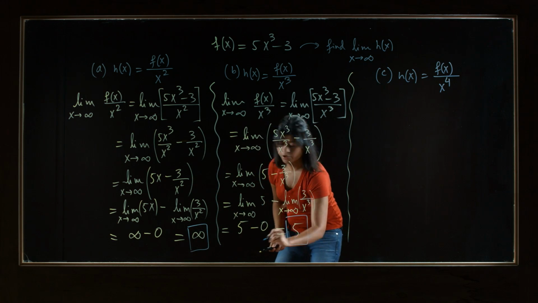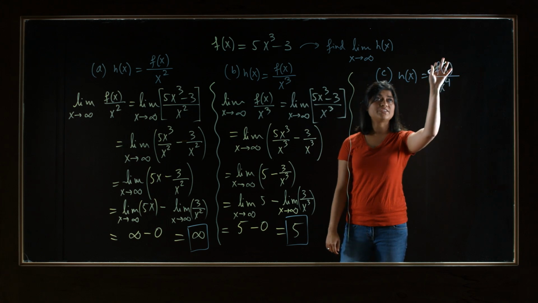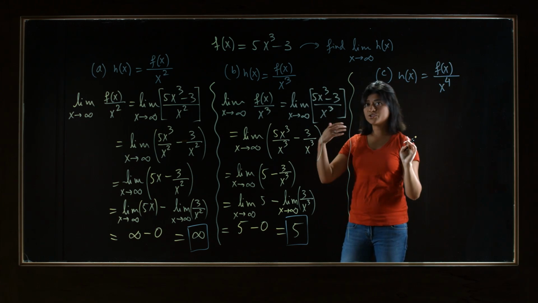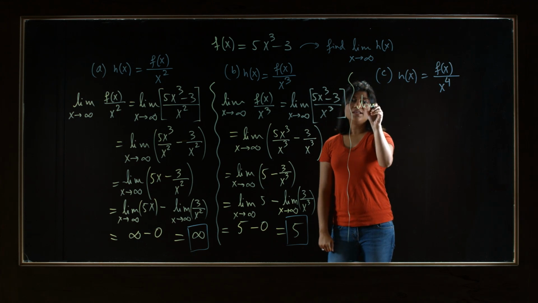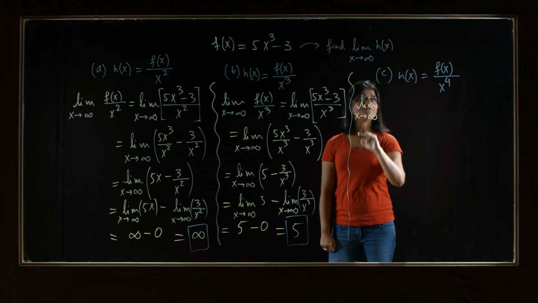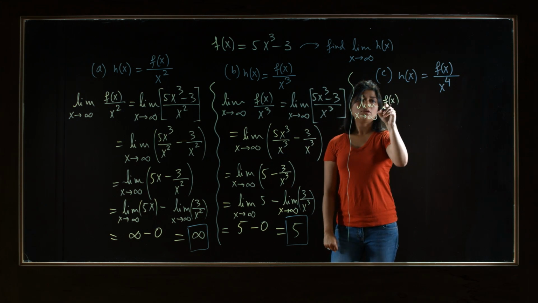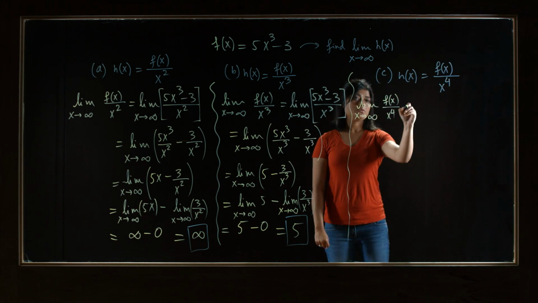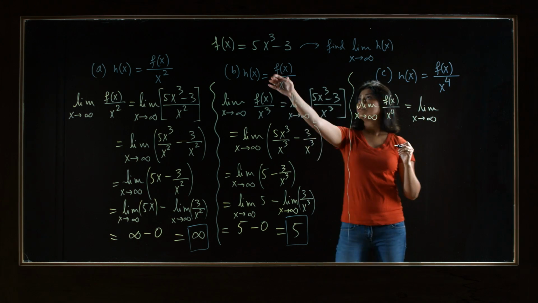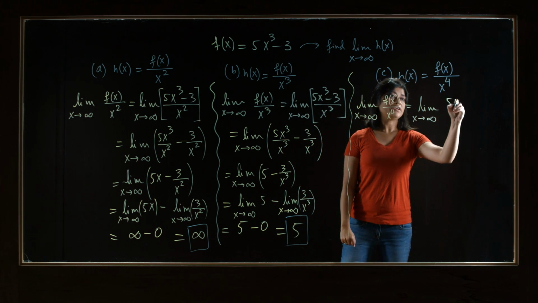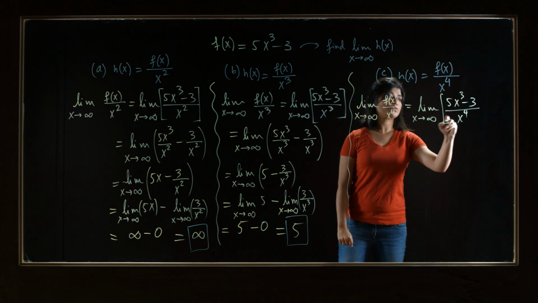Now, let's move on to the last part of this problem. And here the expression for h is f of x over x to the 4th. We start the same way as the first two. So we have to evaluate the limit as x approaches infinity of f of x over x to the 4th, which means this is the limit of the function 5x cubed minus 3 over x to the 4th.